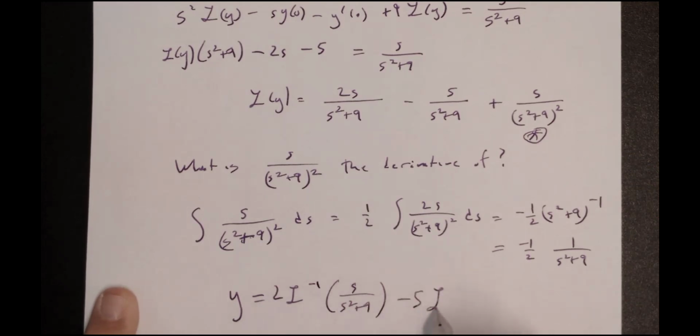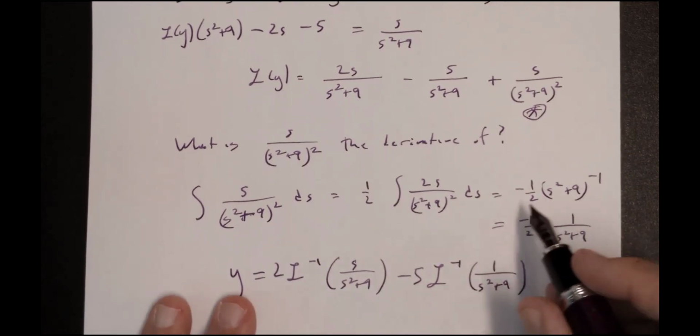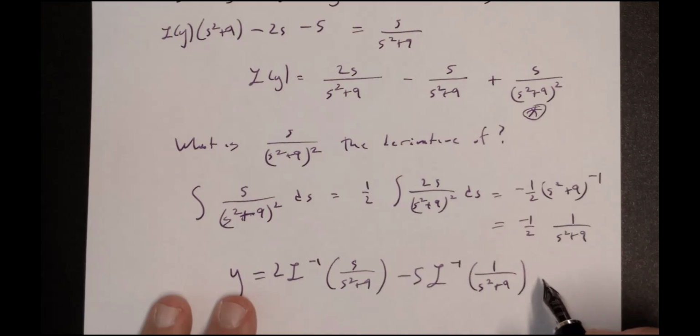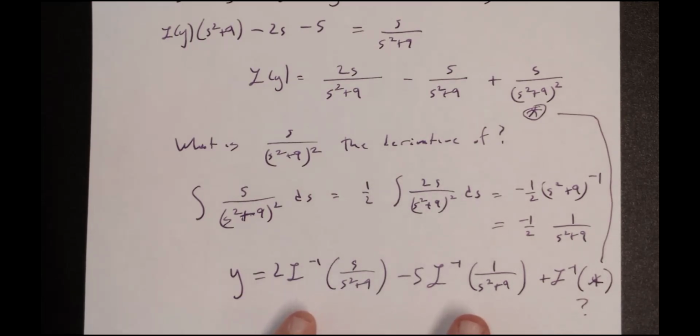What's the inverse transform of 1 over s squared plus 9? And then I have to figure out how to deal with this. But these two I know, I think.